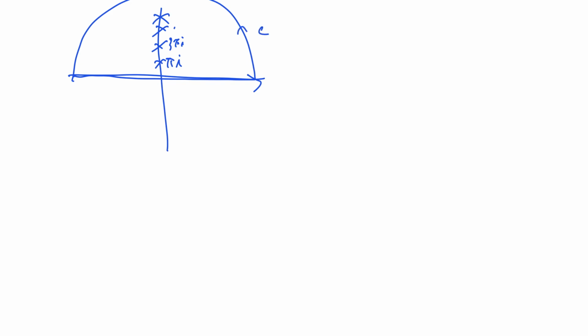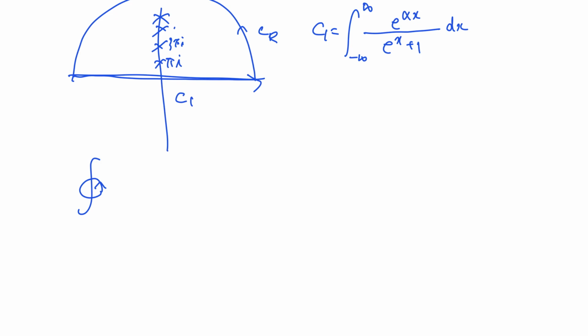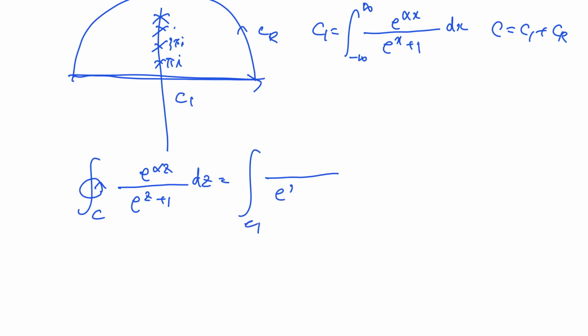So this is the contour C, C1, CR. C1 is the integral from minus infinity to infinity of exponential alpha x over x plus 1 dx. So we have this one for integration, C. C is C1 plus CR. The integral over C of exponential alpha z over exponential z plus 1 dz is the same as the integral over C1 of exponential alpha x over exponential x plus 1 dx.